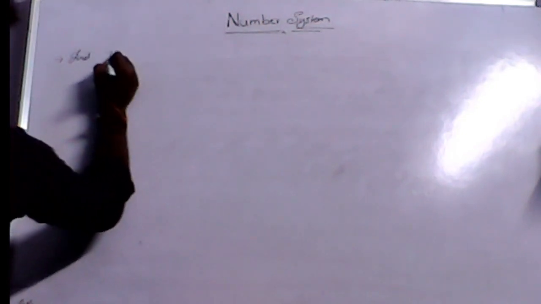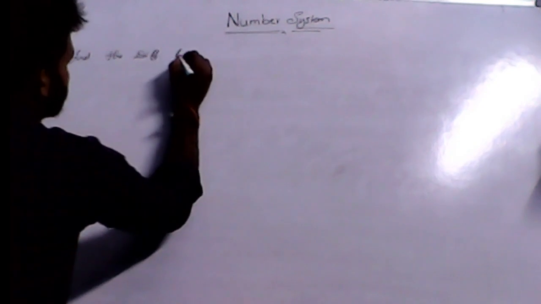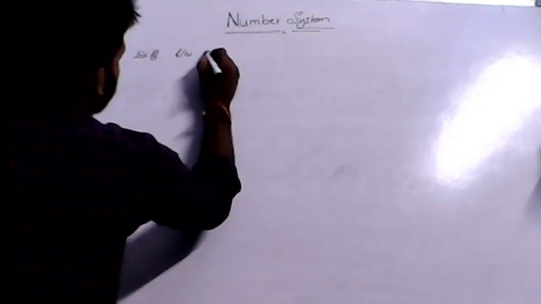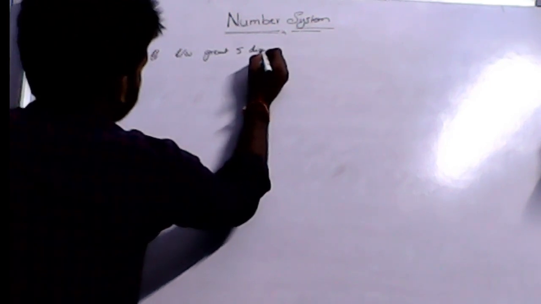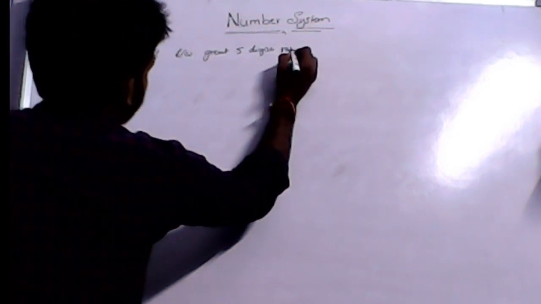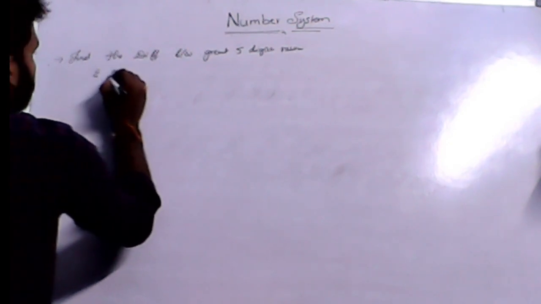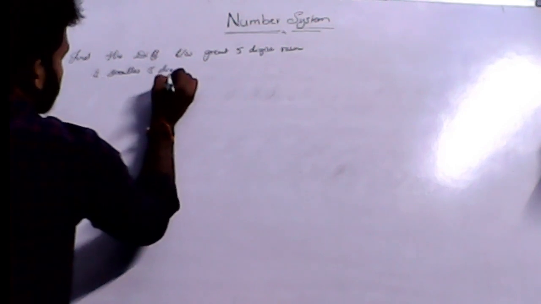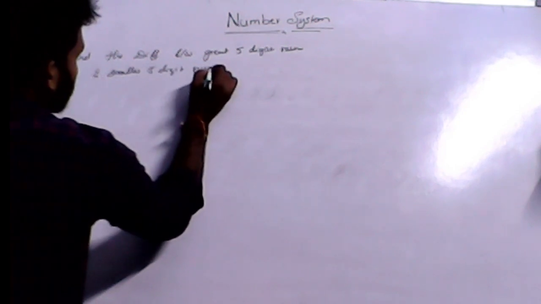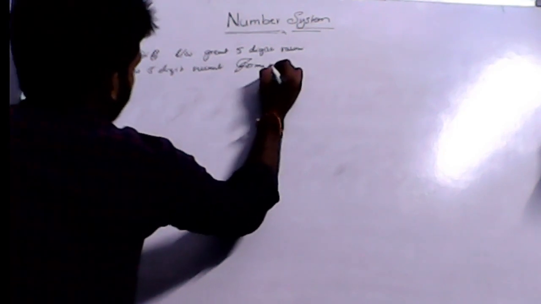Find the difference between the greatest 5-digit number and the smallest 5-digit number formed without repetition.